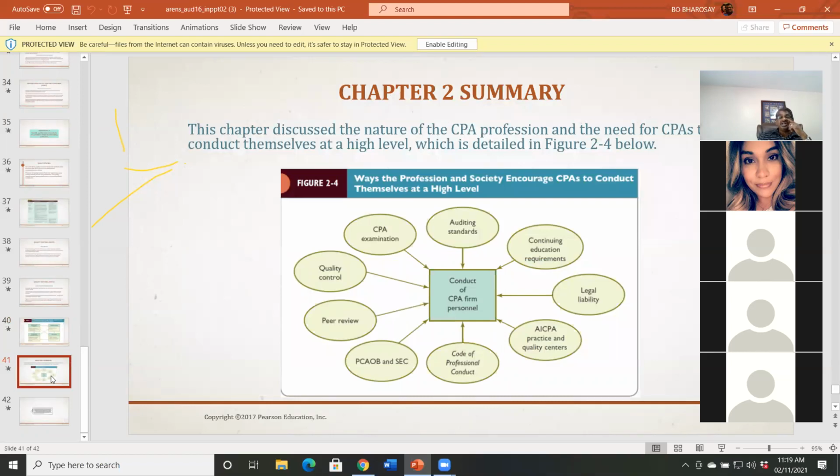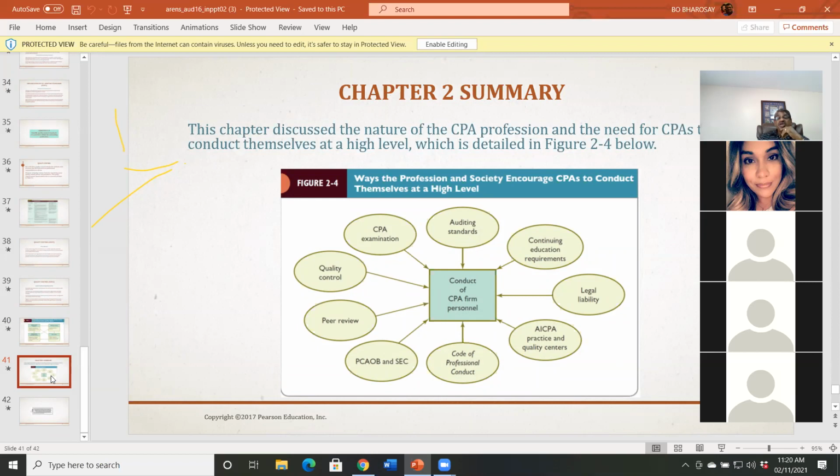What are some of the factors that are present to make sure that CPAs conduct themselves appropriately? One, there's the auditing standards. Two, there's the continuing education. Each CPA must maintain 40 hours of continuing education every year. Three, there's legal liability. You could be sued for whatever you own. Then we have the AICPA Practice and Quality Center. We have the Code of Professional Conduct.